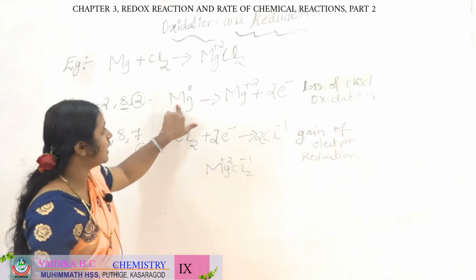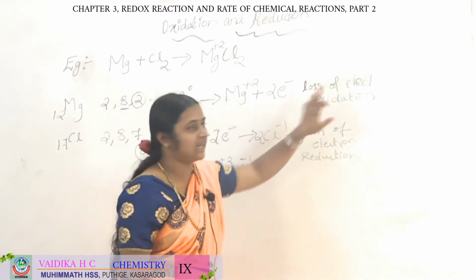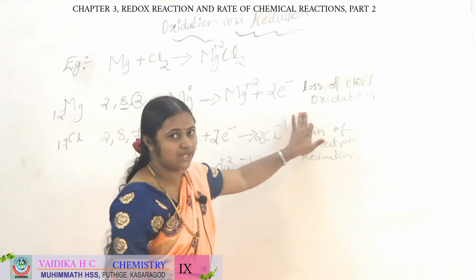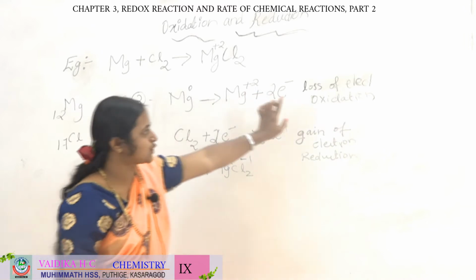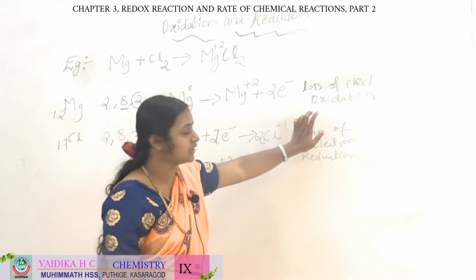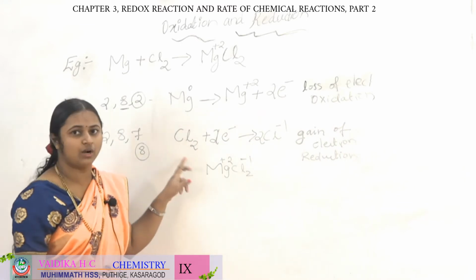But here magnesium loses the 2 electrons, that means loss of electrons, that is oxidation. Loss of electrons is the process called oxidation and gain of electrons is called reduction.